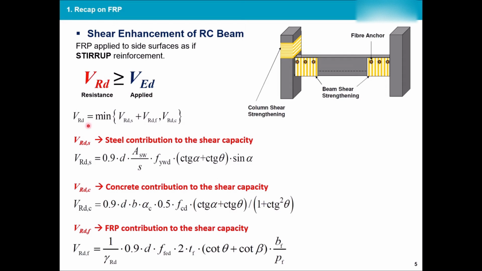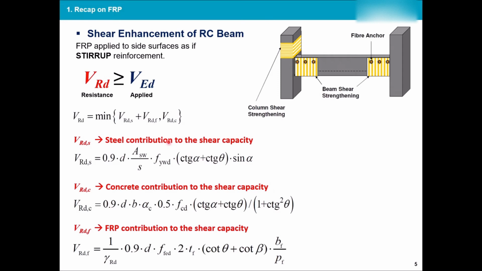And this resistance was simply a minimum of all the shear in tension, meaning the steel as well as the FRP, these guys who are responsible for saving our section against tension forces, as well as the shear in compression, which was due to the concrete. Each of them had a formula.